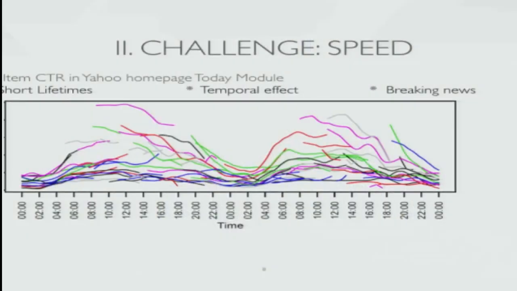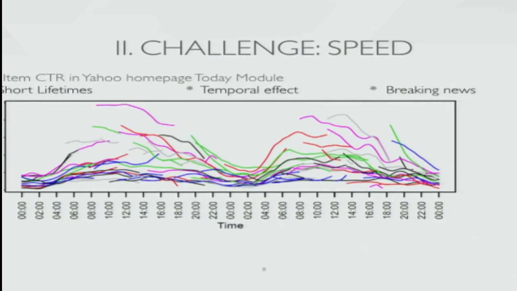Then challenge number two, I will call it speed or latency. Part of the nature of our news articles is that many of the things Yahoo serves are very time sensitive. Here is an example of some information about our today module over two days.